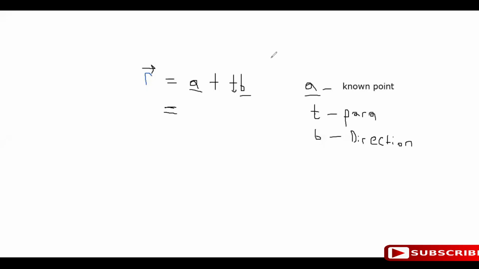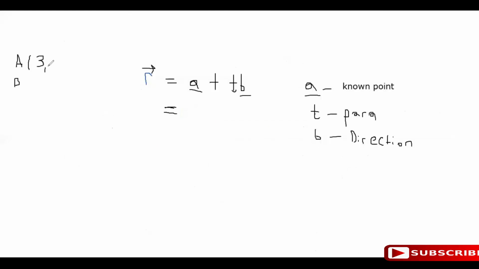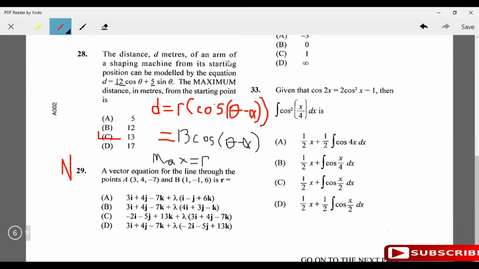So for the known point, we can use either point A or point B. So let's use point A. The points that they give us are 3, 4, and -7. So let's write down the points they give us, 3, 4, and -7. And they give us point B, and point B is 1, -1, and 6.